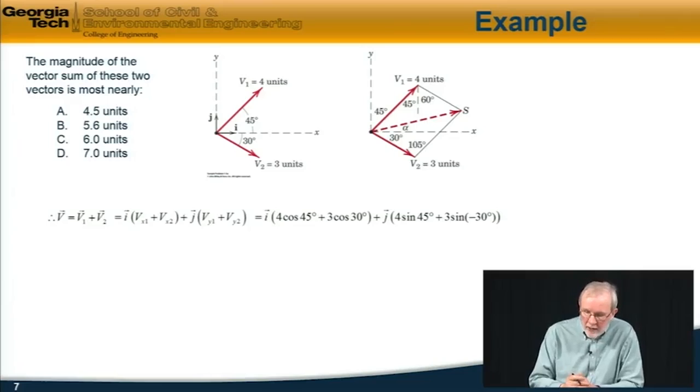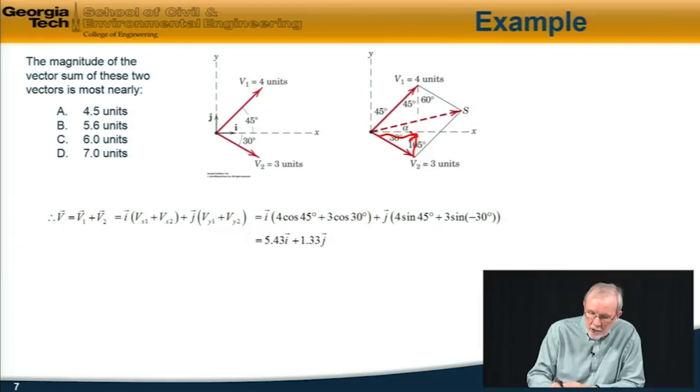So expanding this out, I get i times the x component of v1, which is 4 cosine 45 degrees, plus the x component of v2, which is 3 cosine 30 degrees, etc. And the answer is 5.43i plus 1.33j, the resultant vector right here.